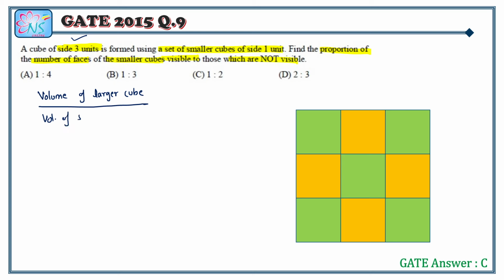This will give us an idea how many smaller cubes we can make from this larger cube, and that many are required to make this cube. So volume of the larger cube will be side cubed, and side is 3, so 3 cubed, divided by the volume of the smaller cube, which is 1 unit, so 1 cubed. That will give us 3 times 3 is 9, 9 times 3 is 27, so 27 by 1. So that means a total of 27 smaller cubes are required.